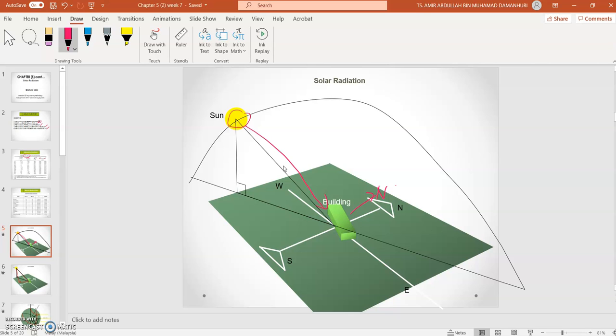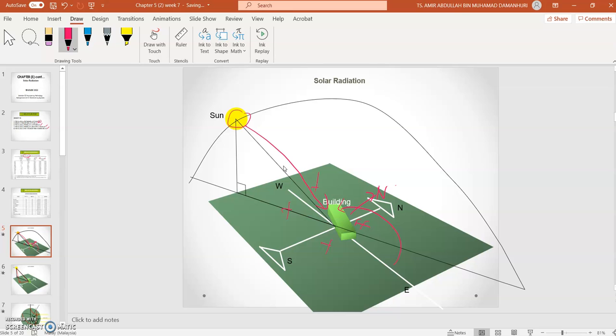So usually the sun will rise from the east to the west. So usually before noon, the sun will be located either here or here. And then in the evening after 12 noon, the location of the sun usually will be here or here.